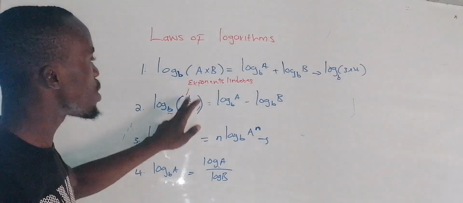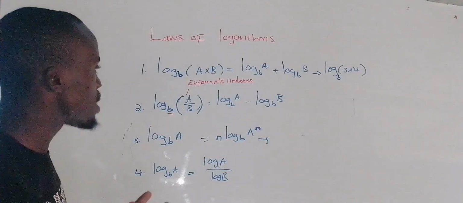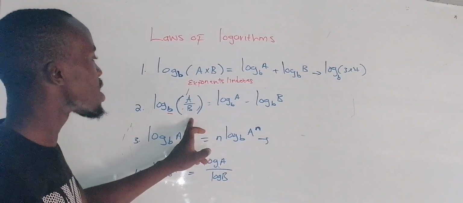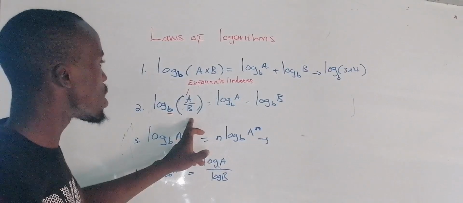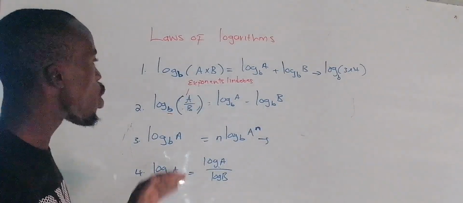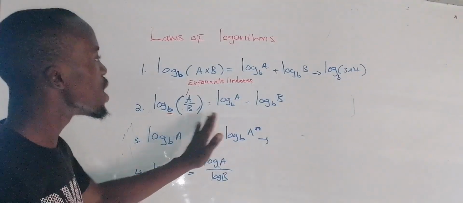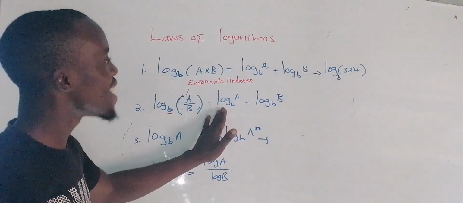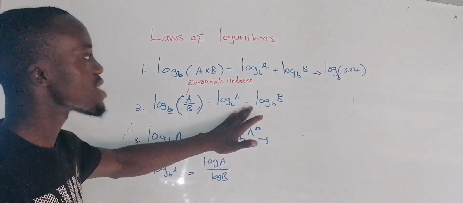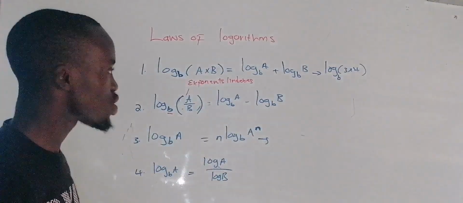Now here the exponents are dividing each other, meaning that the division of the exponents in the log equals the difference of the logarithms, or the quotient of the log equals the difference of the logs, meaning a subtraction.